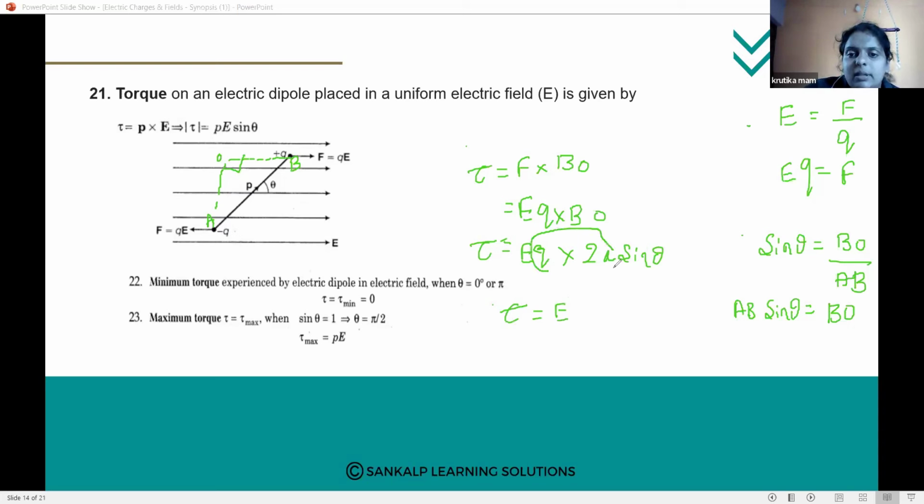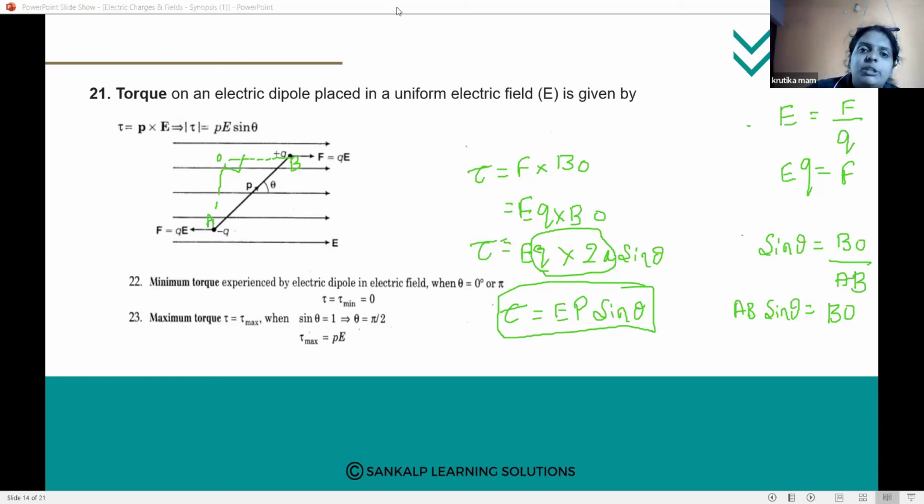Again, the product of distance into charge is nothing but P, dipole moment, into sin theta. Therefore, torque is equal to EP sin theta. Yes, dipole moment, not dipole. This is a 2 marks derivation.